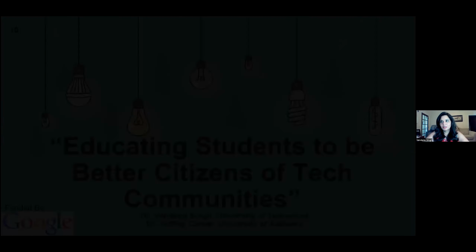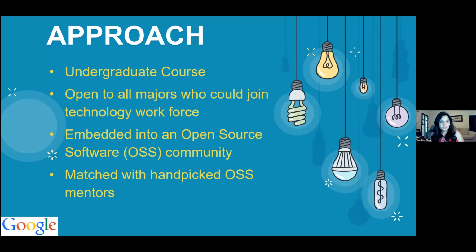And so the approach here, and I'm teaching this course right now, I'm very excited about this course. I'm teaching a new course for undergraduates in information sciences and across campus. It is an undergraduate course, open to all majors who could potentially join the technology workforce. I'm embedding my students into an open source software community to experience communities, matching them with mentors.